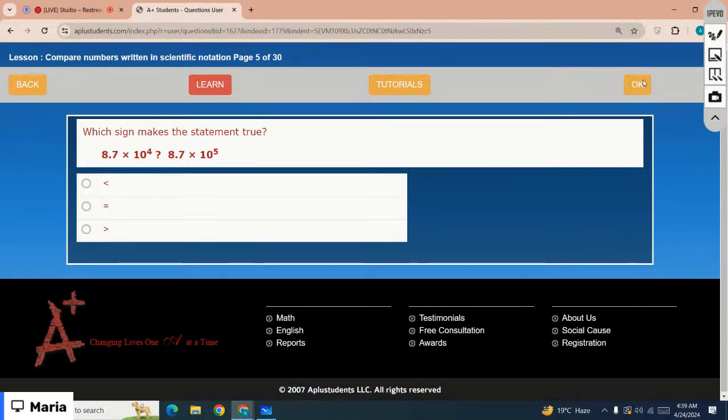So which is the correct option? 8.7 times 10 exponent 4 is less than 8.7 times 10 exponent 5, right?